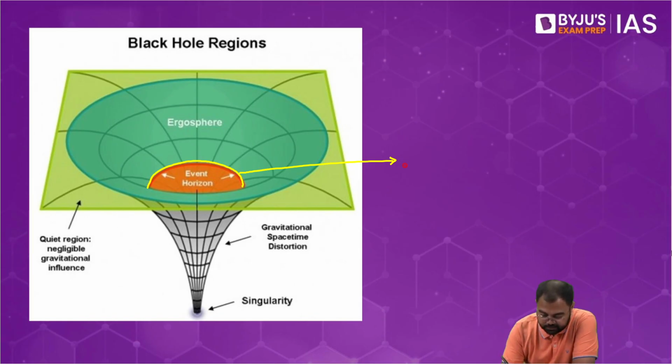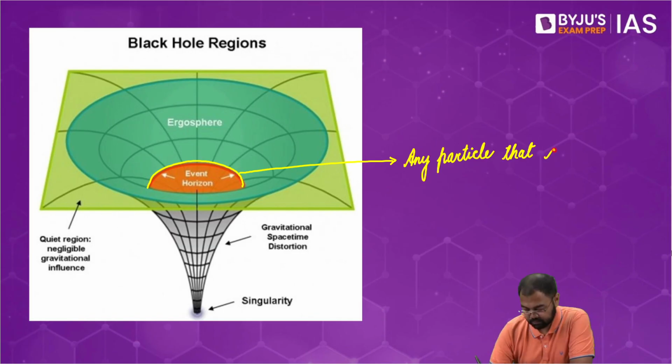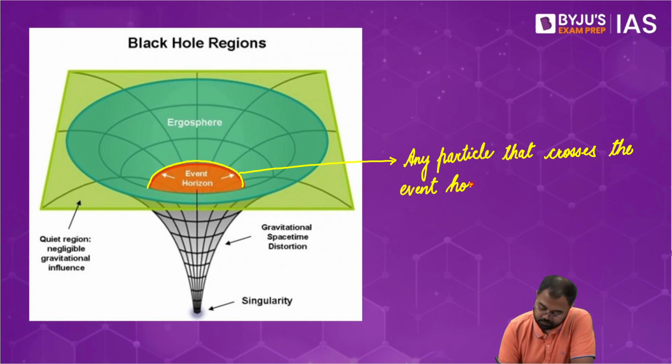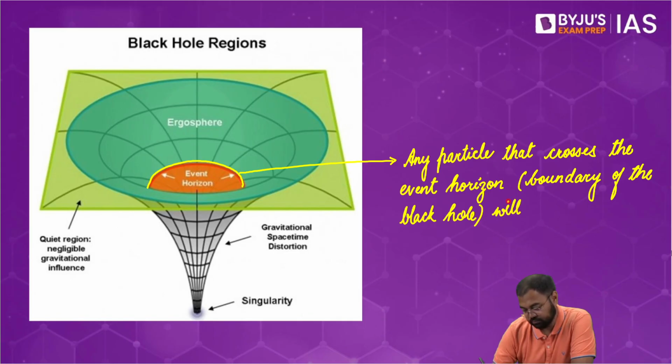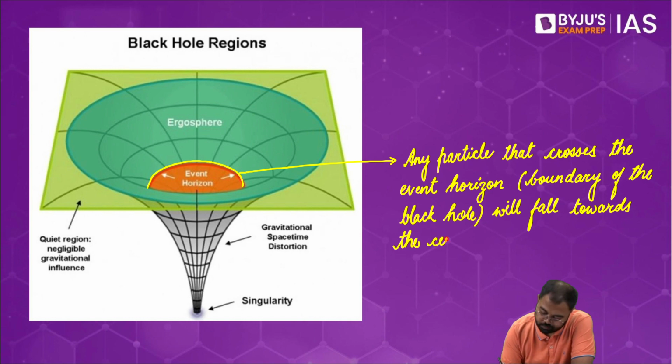So any particle that crosses the event horizon, or the boundary of the black hole, will fall towards the center of the black hole.